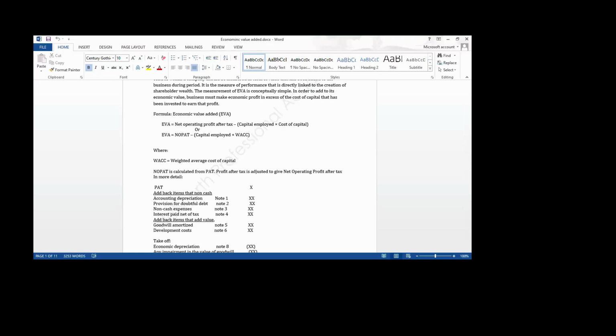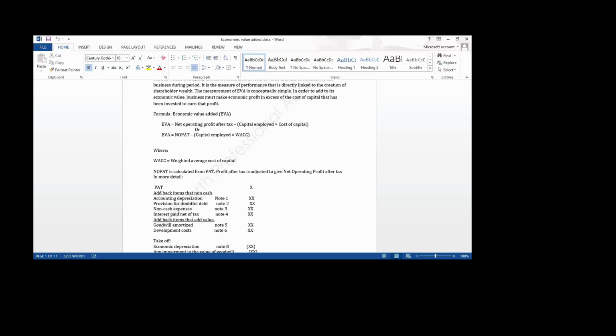If that operating lease expense has been deducted in getting your profit after tax, that operating lease expense should not be deducted. It should be capitalized over the number of years that service is enjoyed.